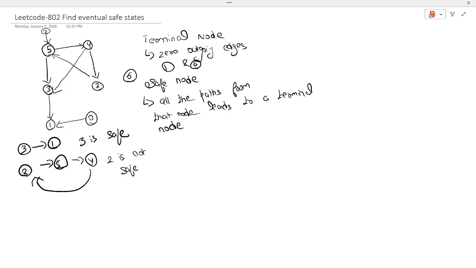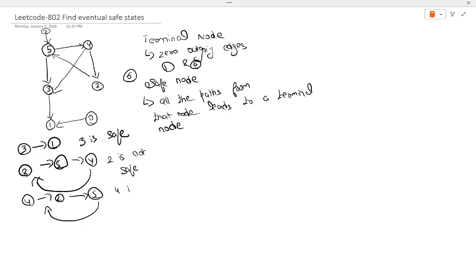If I consider 4, 4 has one outgoing edge. From 4 we can move to 2, from 2 we can move to 5, and from 5 we can move back to 4. So every path starting from 4 does not lead to a terminal node.